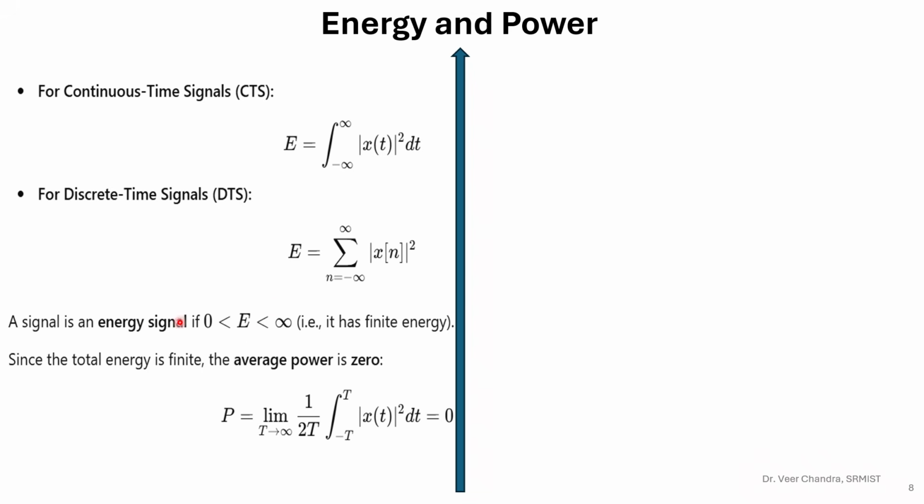Once you calculate using this formula, if the energy is finite, like 1, 2, 3, 4 or any number, then this will be called an energy signal. And in this case, if you calculate the power for energy signals, then it will be 0.